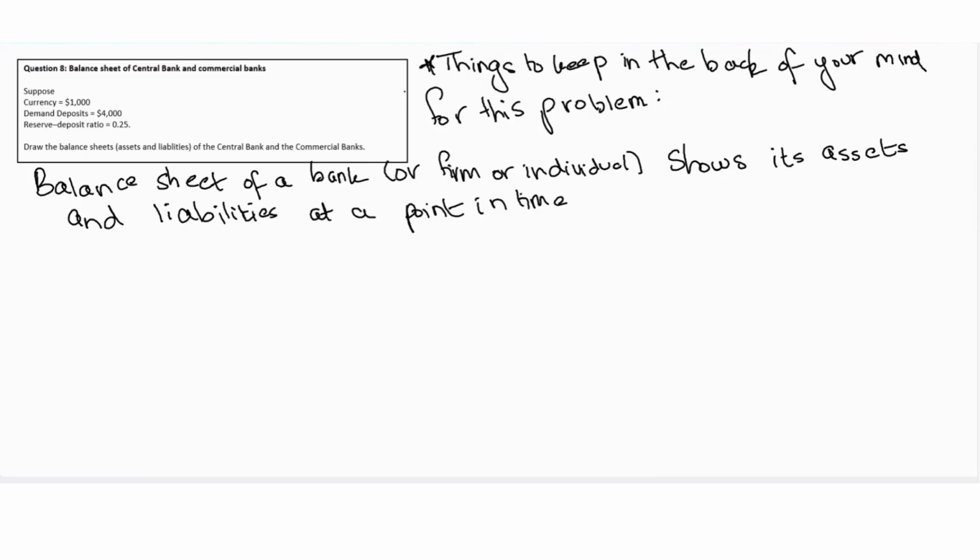So what do we mean by assets and liabilities here? Assets in this context would be what the bank owns, and what is owed to the bank by others. So what others owe to you.